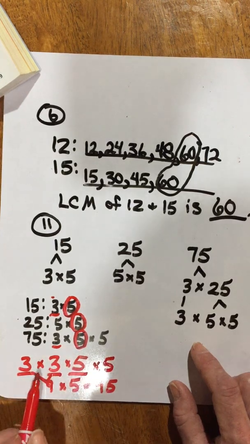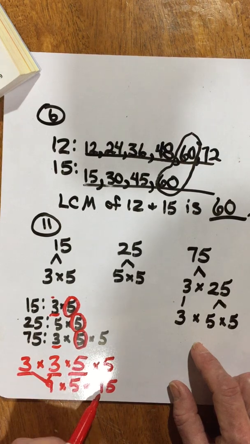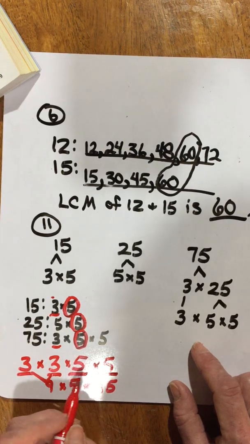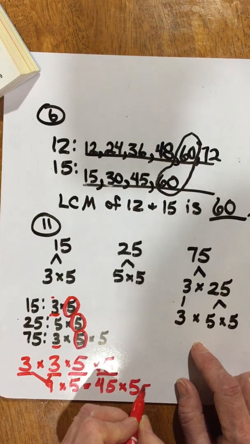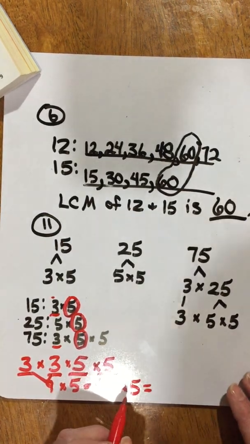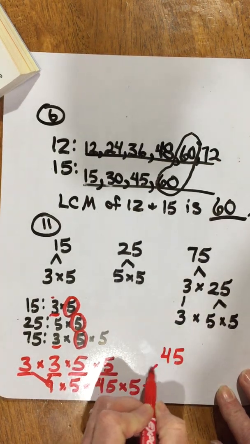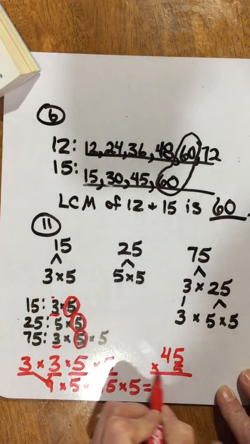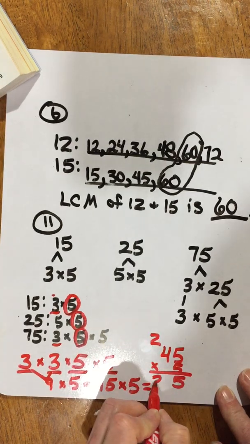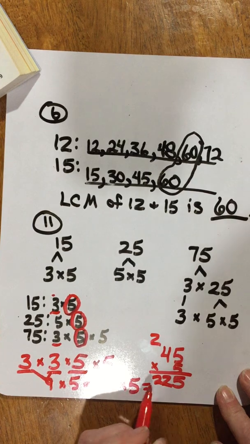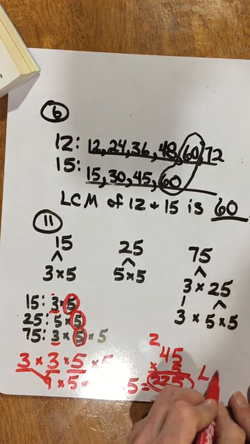So far, I have done 3 times 3 is 9, times the 5 is 45, and I added an extra 5 on there. Wow. What's 45 times 5? We'd have to work that out. I could use a calculator, or I could just do the work. I'll do 45 times 5 here. 25, 20 plus 2 is 22. 225 is the least common multiple based on our prime factorization.